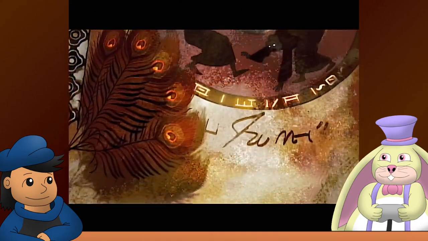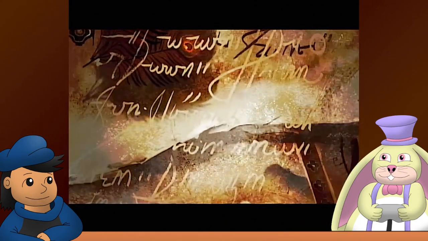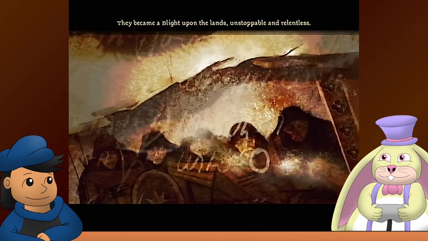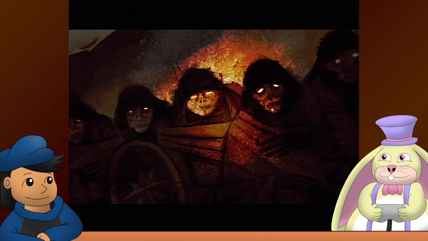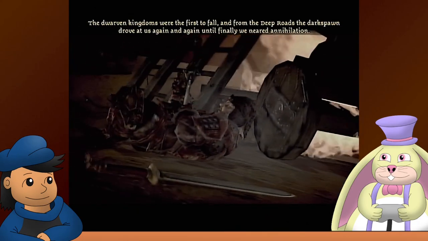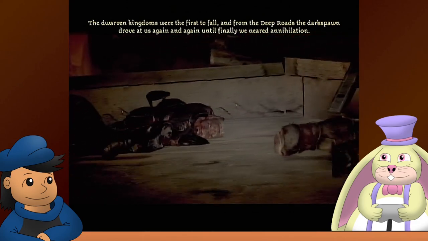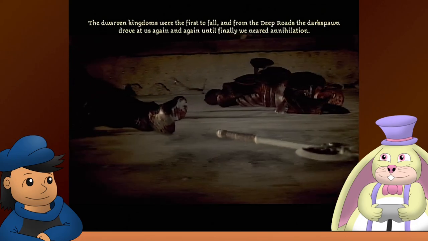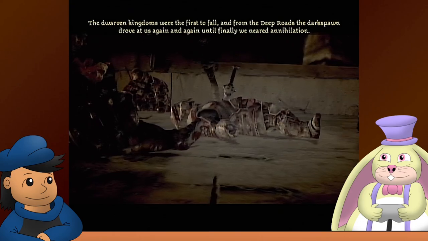One might say they spawned from the dark. They became a blight upon the lands, unstoppable and relentless. The Dwarven kingdoms were the first to fall, and from the deep roads, the Darkspawn drove at us again and again, until finally we neared annihilation.